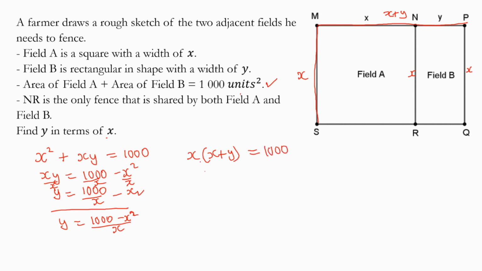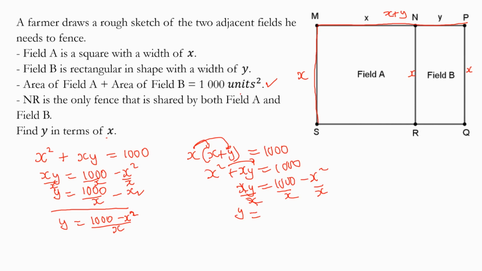Right, and then distribute x: x squared plus xy is equal to 1000, and then transpose the x squared, xy is equal to 1000 minus x squared. Then divide everything by x. Then you remain with y is equal to 1000 over x minus x. Okay, this is y in terms of x.